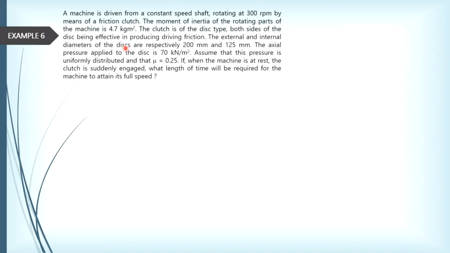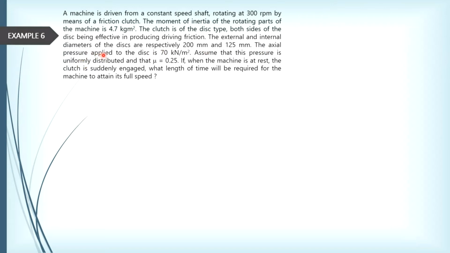The diameters of the discs are respectively 200 millimeter and 125 millimeter. So the external diameter divided by 2 divided by 1000 should be 0.1 meter. And the internal one divided by 2 becomes 62.5, divided by 1000, so you have 0.0625 meter.